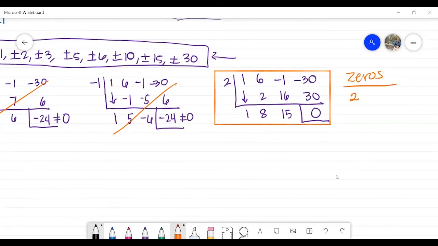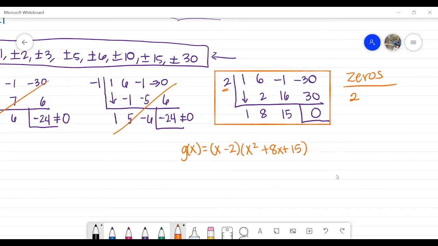I'm also going to rewrite this. So this means g of x is equal to x minus 2, remembering our notation, right? And then I've got x to the, we started off with third power, so squared plus 8x plus 15.